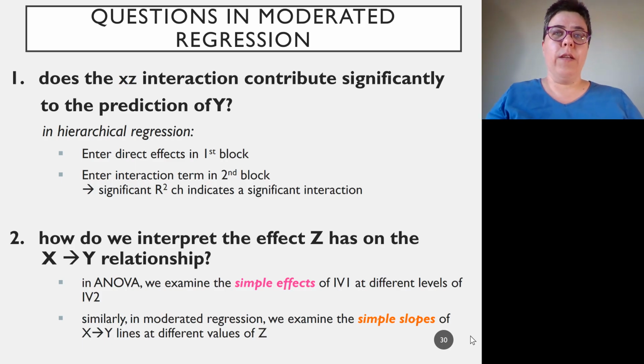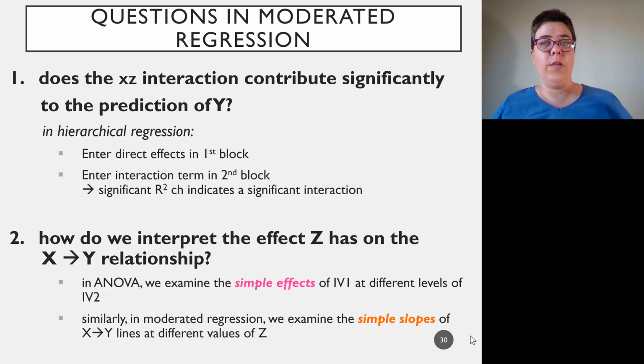So the research question in a moderated multiple regression is, does the interaction between our IV and our moderator contribute significantly to the prediction of our DV? And so what you do in the moderated multiple regression is you put the direct effects in block 1, as if we're doing a standard regression with those 2 IVs. Then we enter our interaction in the second block.